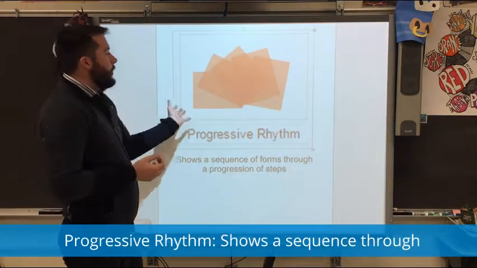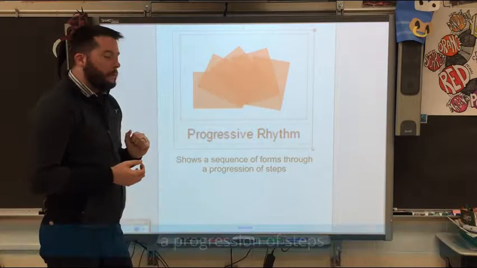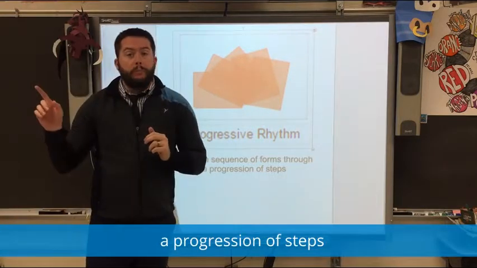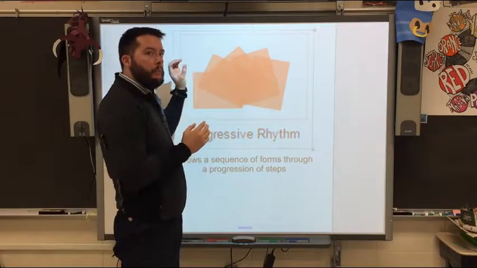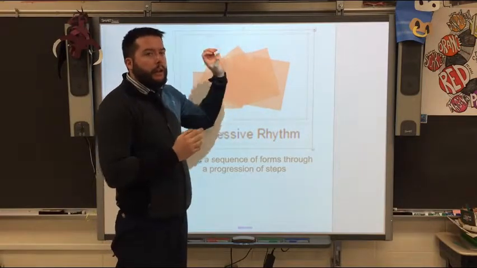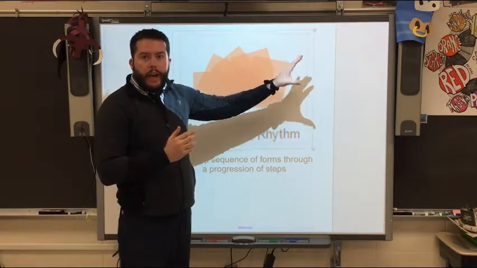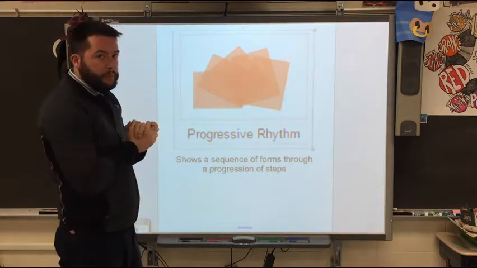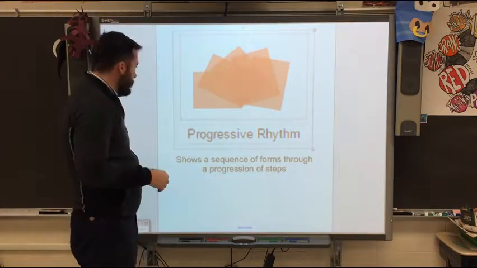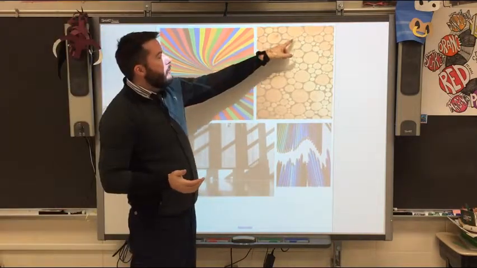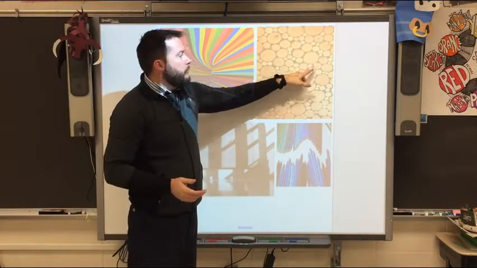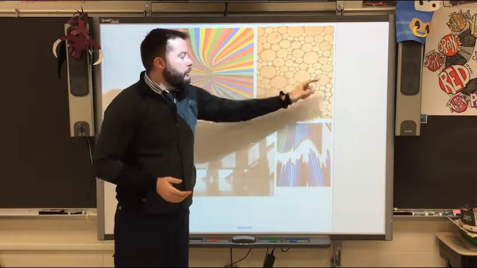Progressive rhythm is a sequence of forms going through a progression of steps. That is what the Flash poster is. That's a progressive rhythm. I'm taking the Flash and showing you lighter, a little bit darker, and fully colored in Flash to give that progressive rhythm. So here are some other examples of what rhythm might look like. In nature, this is one where you have smaller circles moving around larger circles.